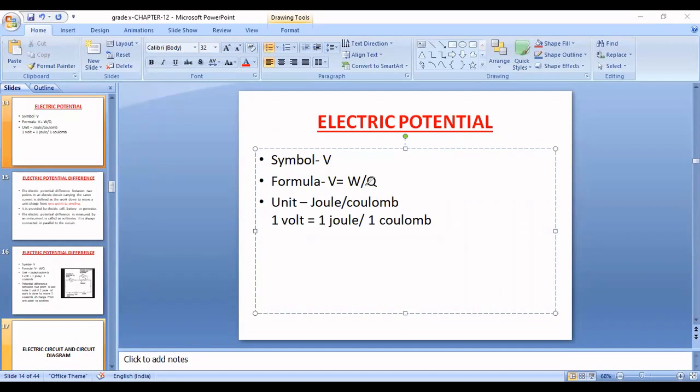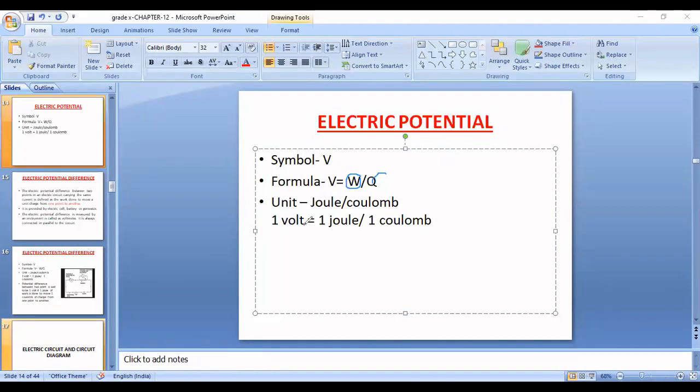W by Q means the work done to bring the charge. And the unit is, as we know, the SI unit of work done is joule and the SI unit of charge is coulomb. So its unit is joule per coulomb, or it is also called volt, after the scientist Alessandro Volta. So here we can see 1 volt is equal to 1 joule by 1 coulomb.